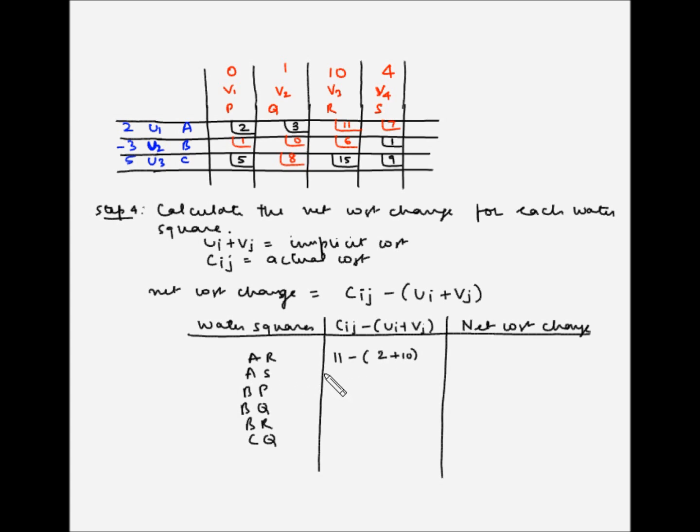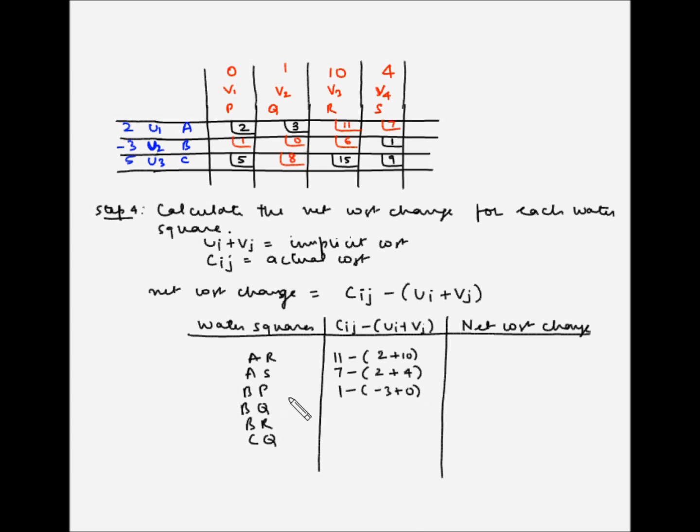For AS, Cij is 7. So 7 minus, again the same, Ui is 2 and V4 is 4. So 2 plus 4. For BP, the value of Cij is 1. So 1 minus, Ui is minus 3 and Vj is 0. So minus 3 plus 0.